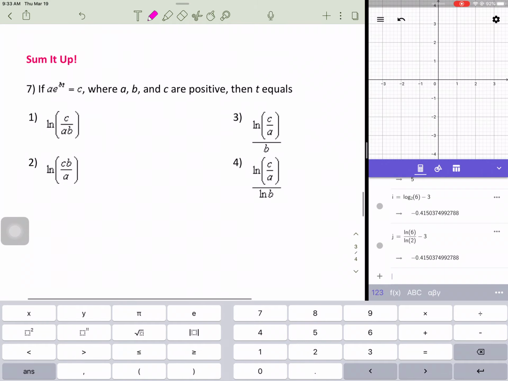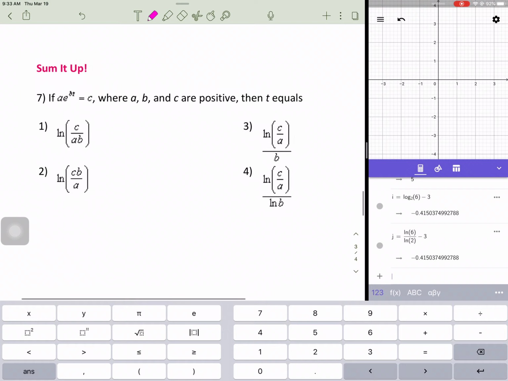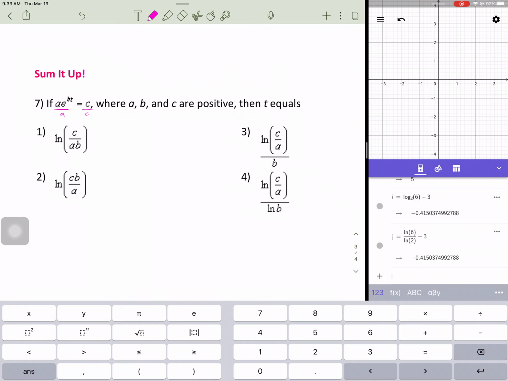Cool. So the last problem, this is just a nice complex problem here. It says if a e to the bt equals c, where a, b, and c are all positive, which is important because we've seen you can't really take ln's or logs of negative values, then t equals, well, let's see. Let's first divide by a. So we get e to the bt equals c over a.